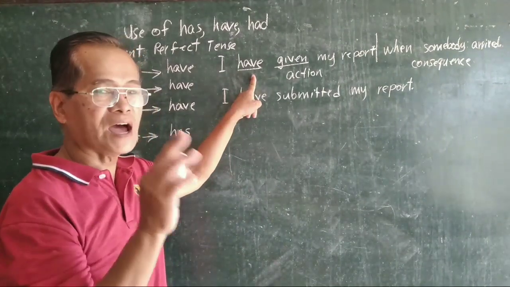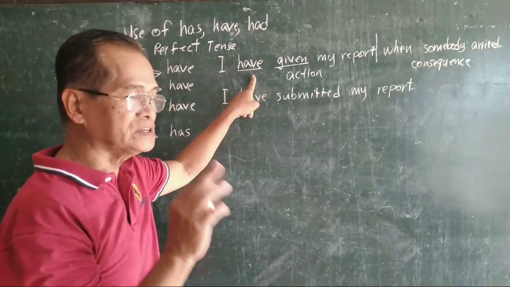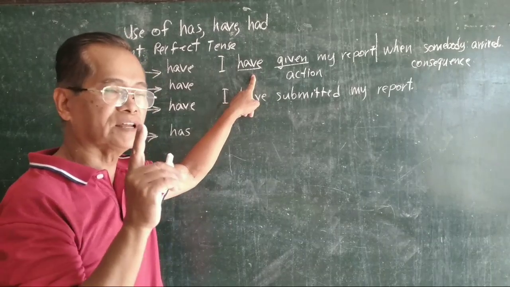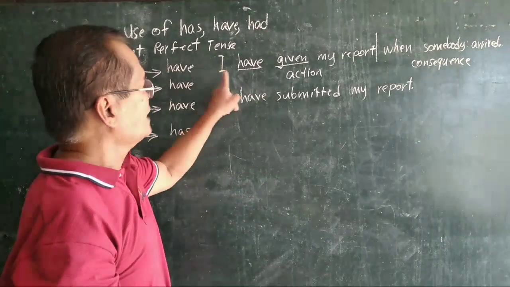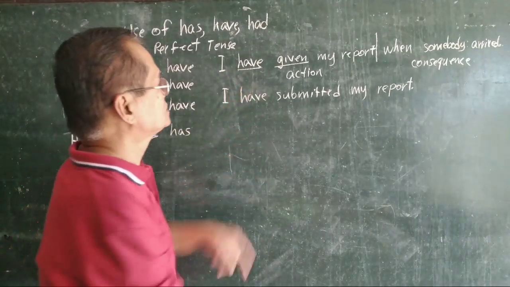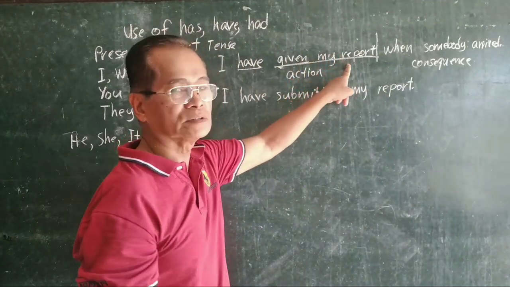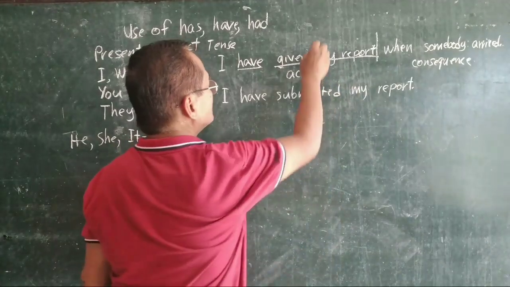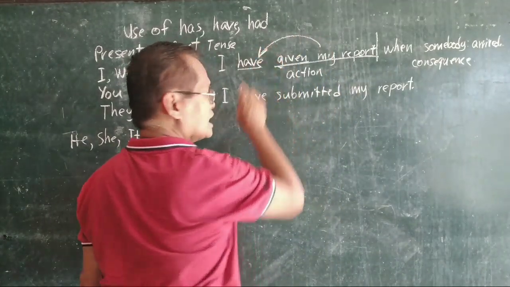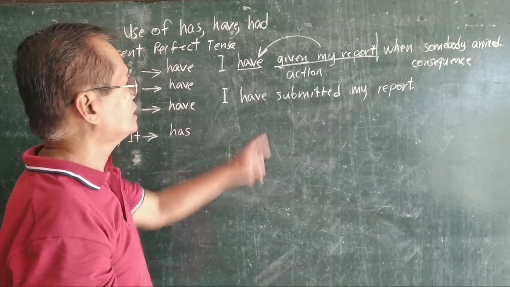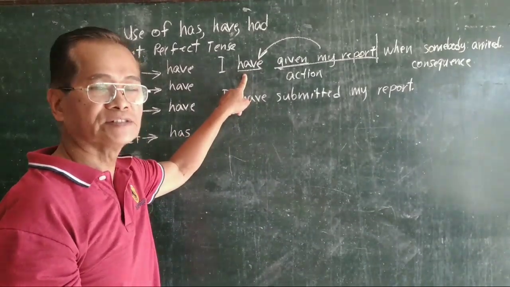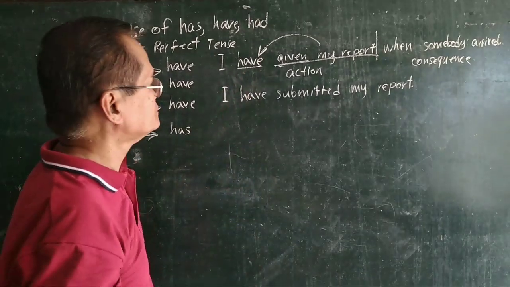Here, there is an action, and there is an object because there is an answer to the question what. I have what? The answer is given my report. So here, given my report is the object of the verb have because it answers the question what. So here, have is functioning as a transitive verb.